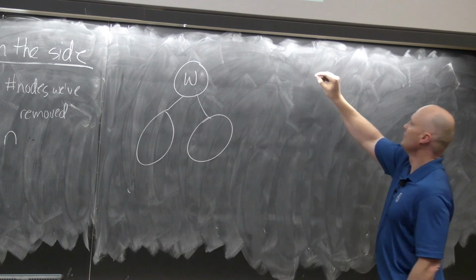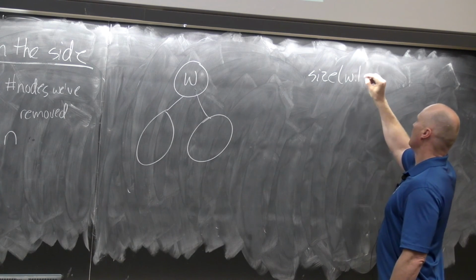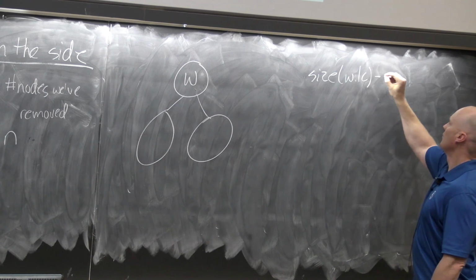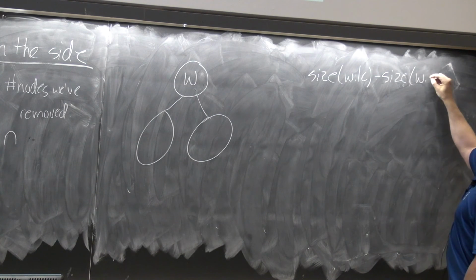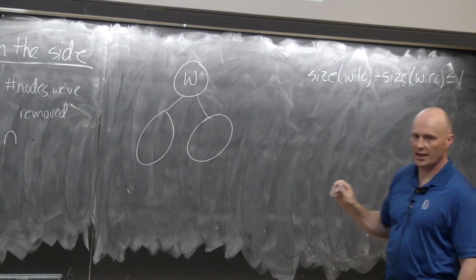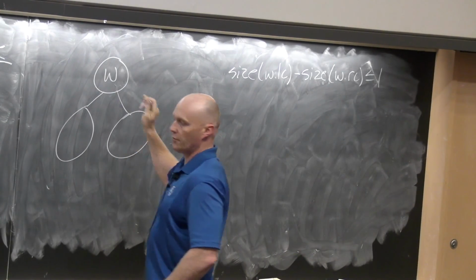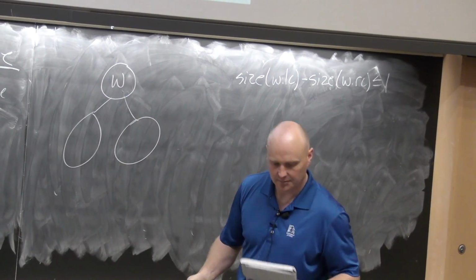So the size of the left child minus the size of the right child is at most 1 after a rebuild, or if we've just added W for the first time, it has no children.